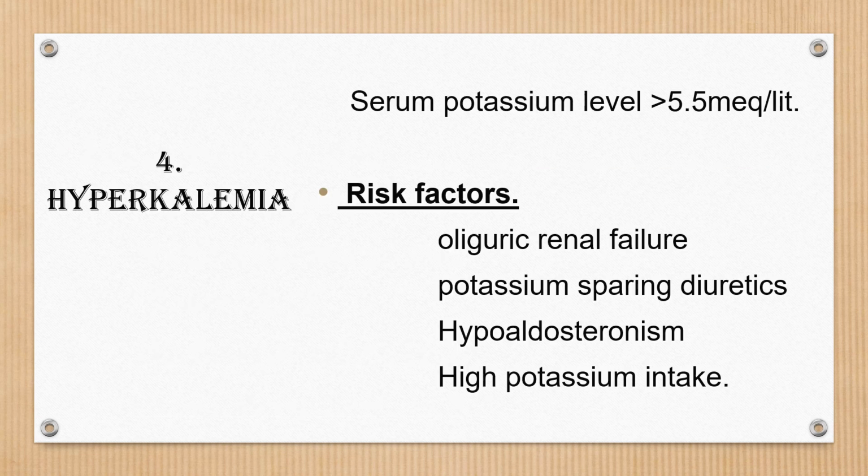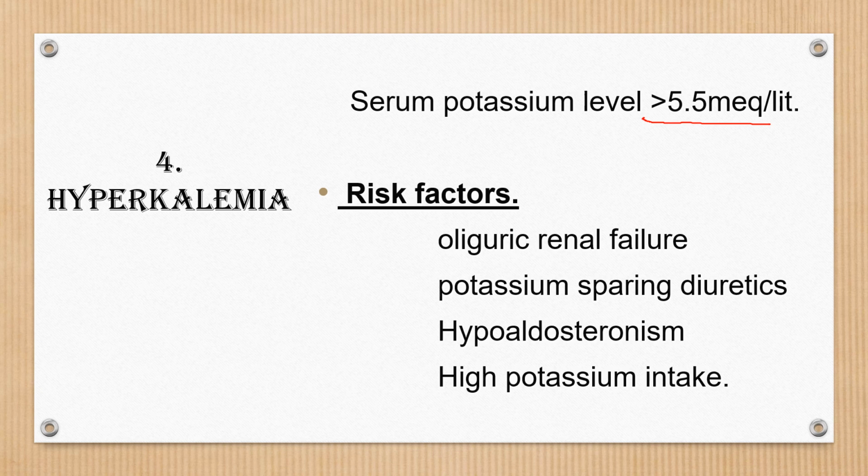So next is hyperkalemia, that is an imbalance of increased serum potassium level. So here the serum potassium level is more than 5.5 milliequivalent per liter, we term it hyperkalemia. The risk factors are oliguric renal failure, potassium sparing diuretics, hypoaldosteronism, and high potassium intake.